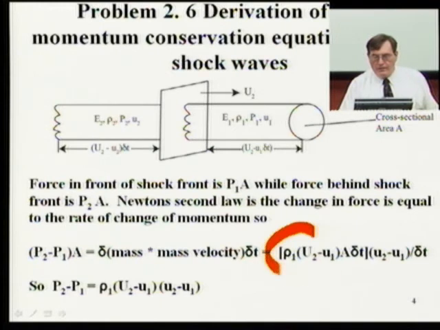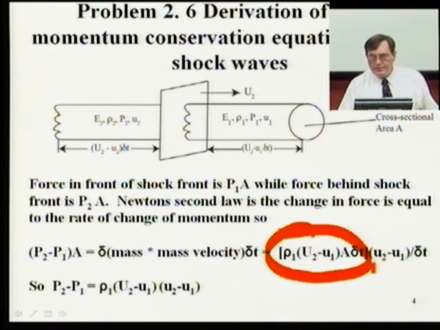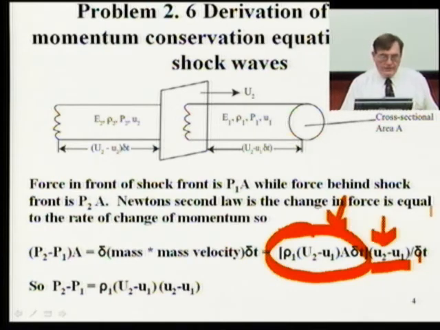Well, we know already that the mass is that term, and the change in the mass velocity is just U2 minus U1 across that front. And so that's the change in momentum, and delta T is this mass times this change in velocity.